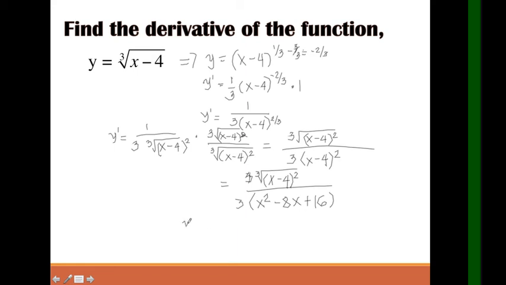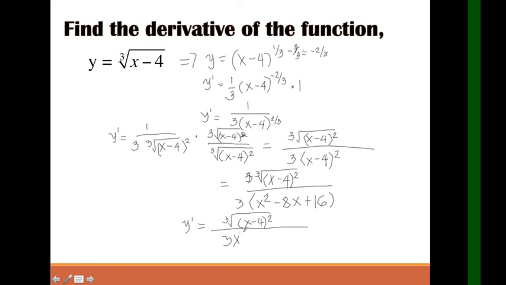So, we have the derivative of y equals cube root of quantity x minus 4 squared all over 3x squared. Sige, dandahanan natin.